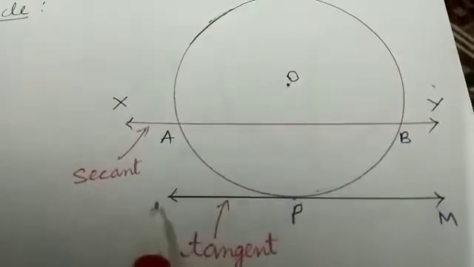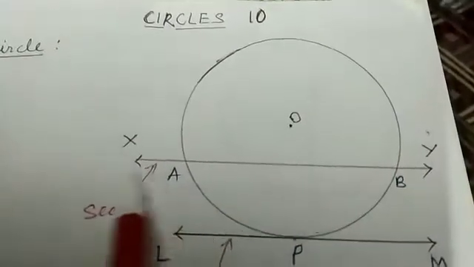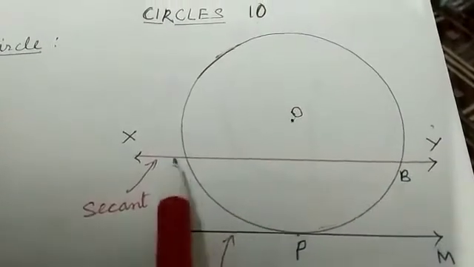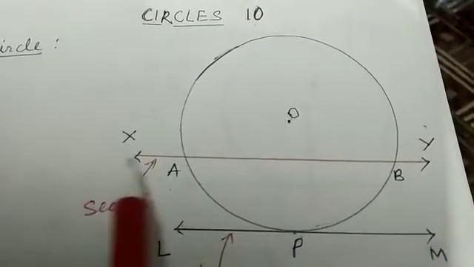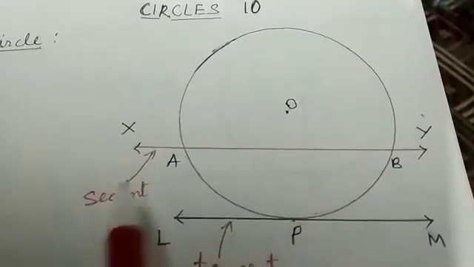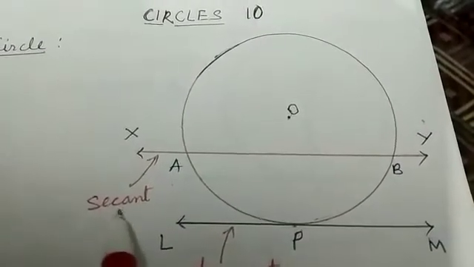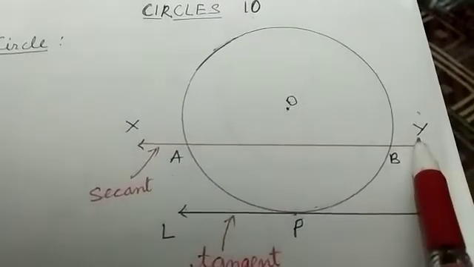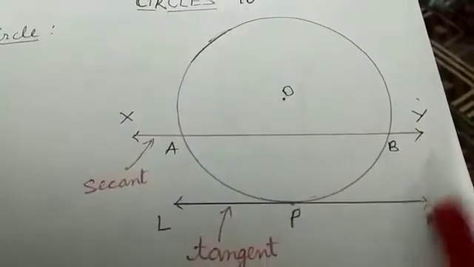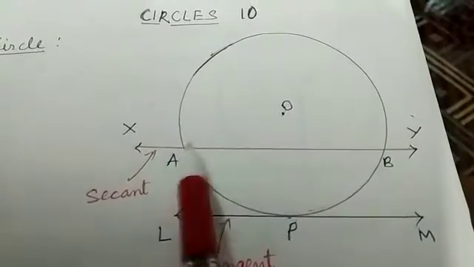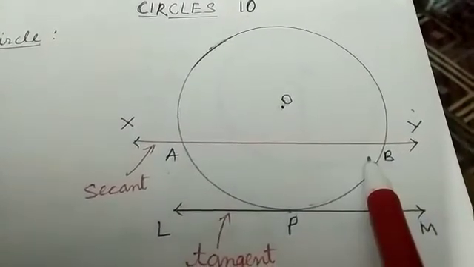And if this same line intersects or cuts the circle at two points, then this line is known as a secant. That means a secant is a line which cuts the circle at two points.